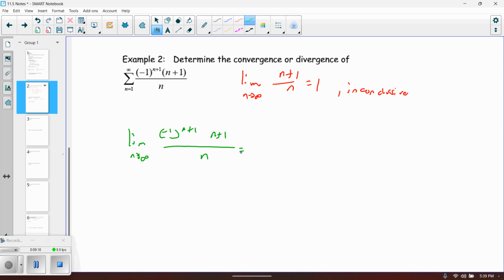It's going to basically keep bouncing back and forth. And because that's what happens, this limit does not exist. And since the limit here does not exist with using the nth term test for divergence, this one is divergent.